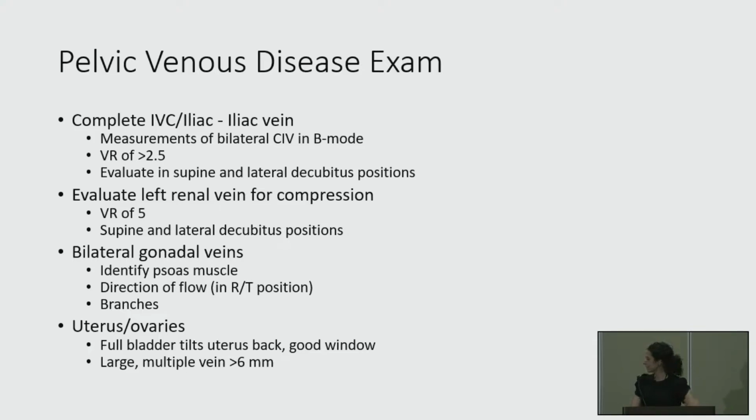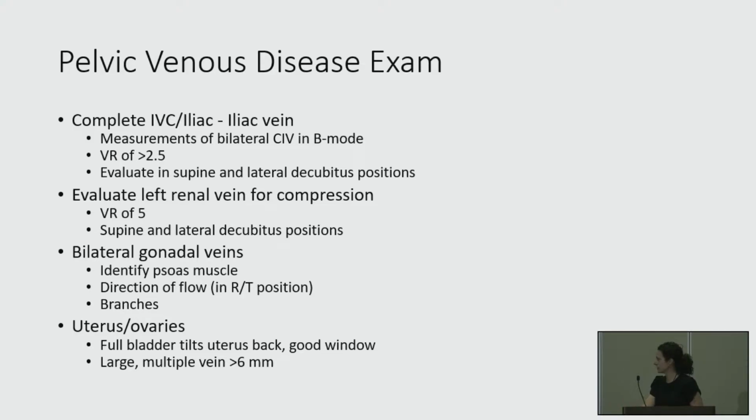A lot of times if that left gonadal vein is abnormal, it's going to be big. 6 millimeters or greater, that's the size that we're looking for. And then if that's the case, the right side is just as important because it can be acting as a collateral. So you still want to measure the contralateral or the right side because even if it's not refluxing, it could be acting as a collateral to get the blood out of the pelvis. So it's important to know which direction both gonadal veins are and the diameter.